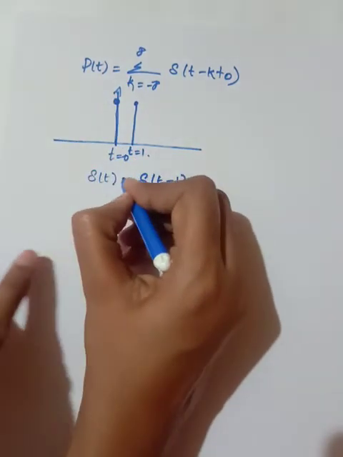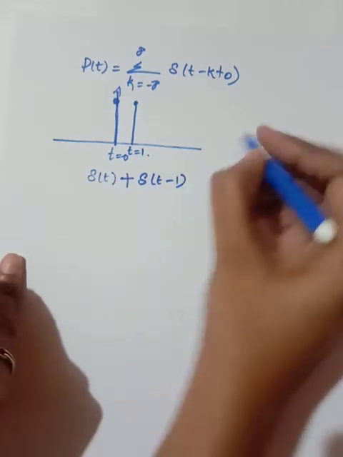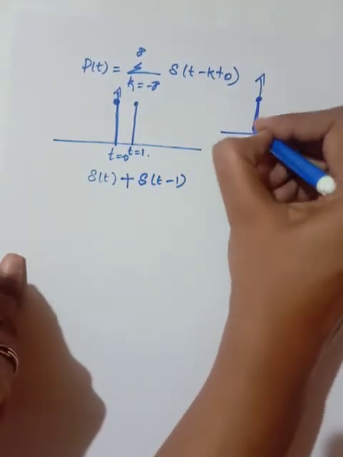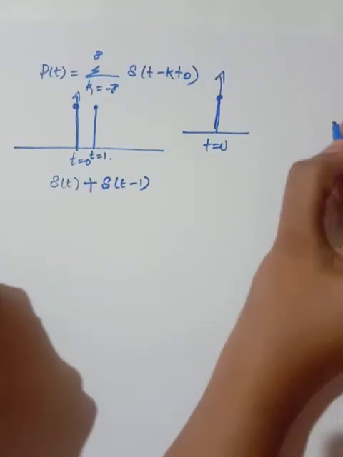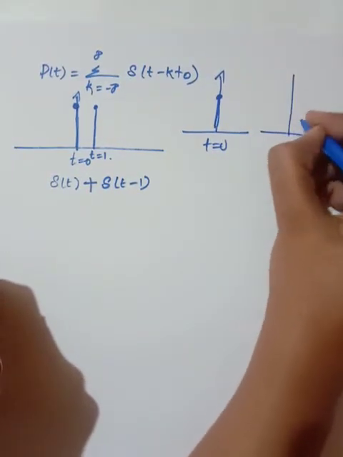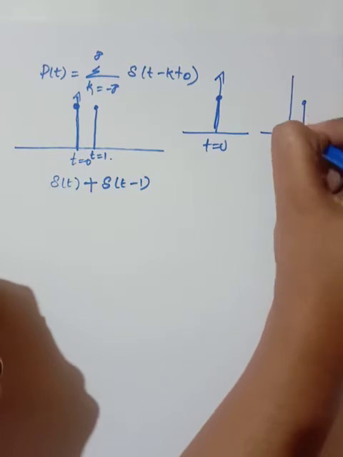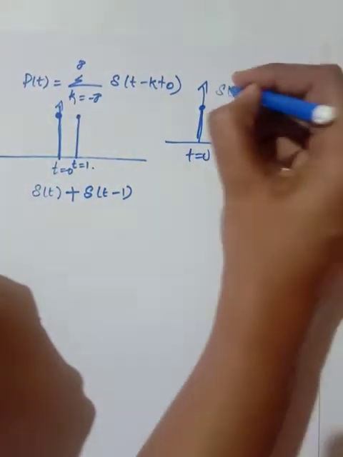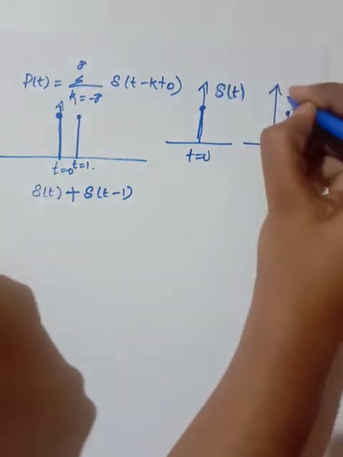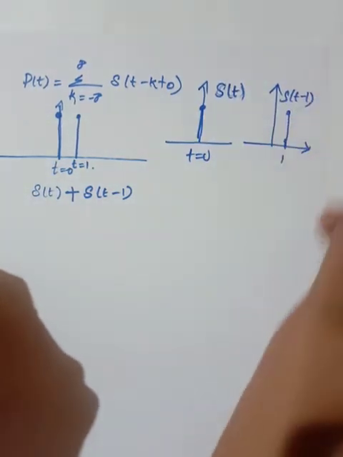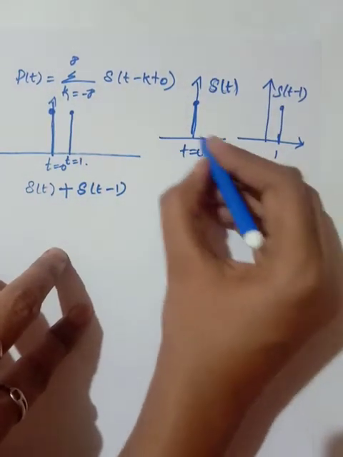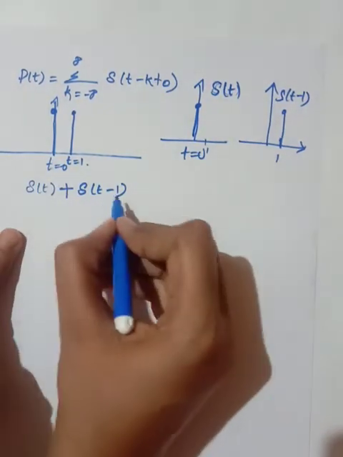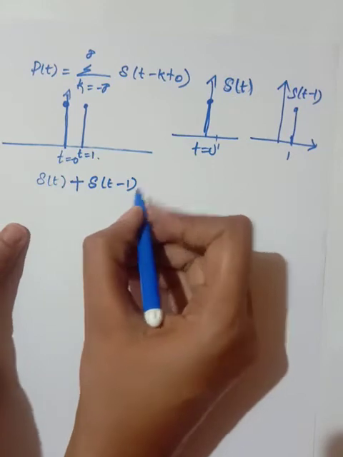When I add delta of t and delta of t minus 1, this is at t equal to 0, and at 1 you will have another impulse. This is your delta of t, and this is your delta of t minus 1. When I add these two signals I will get this signal, that is delta of t plus delta of t minus 1.